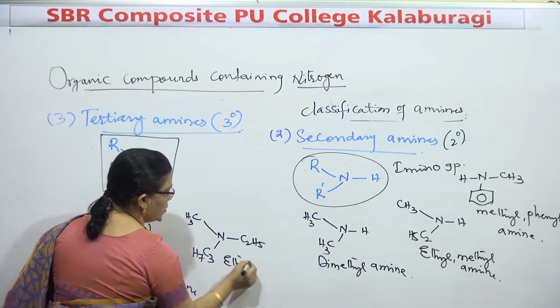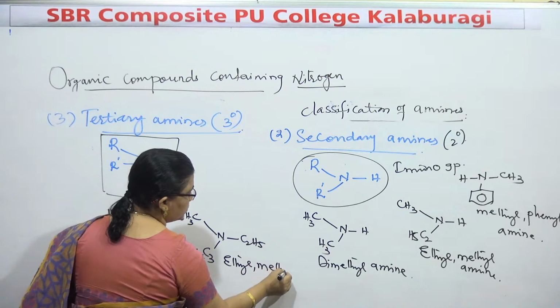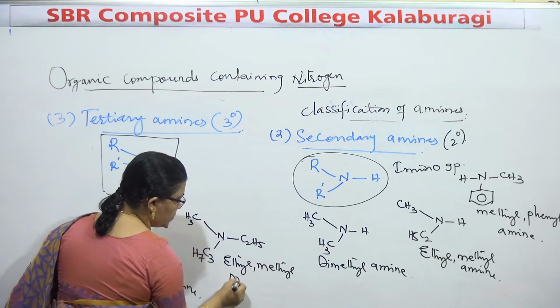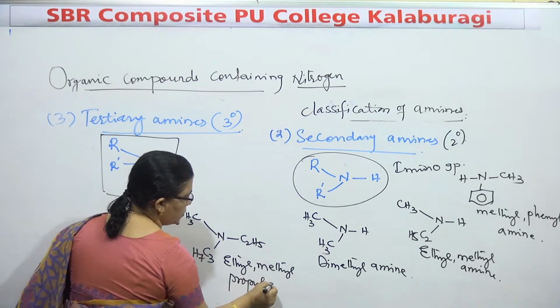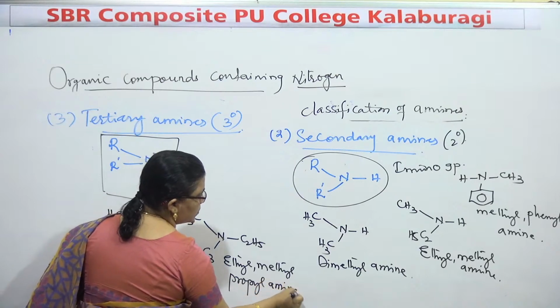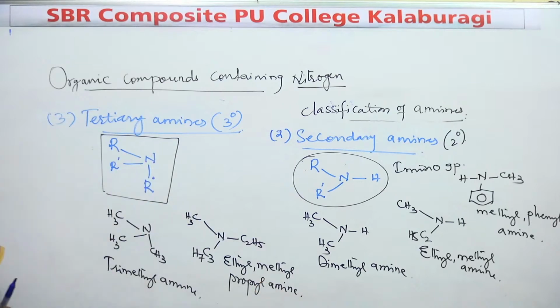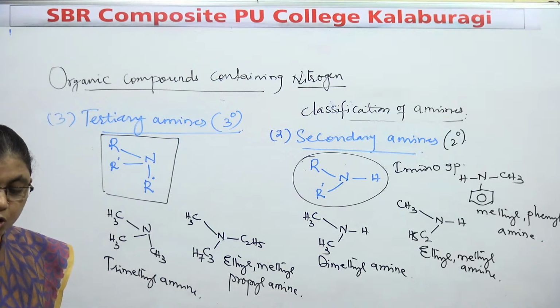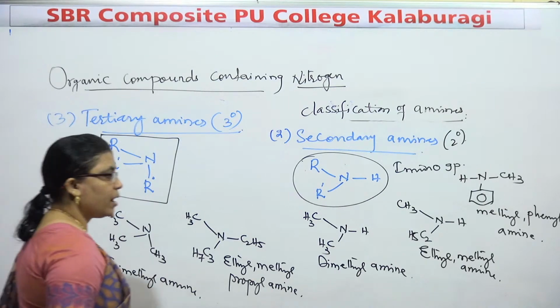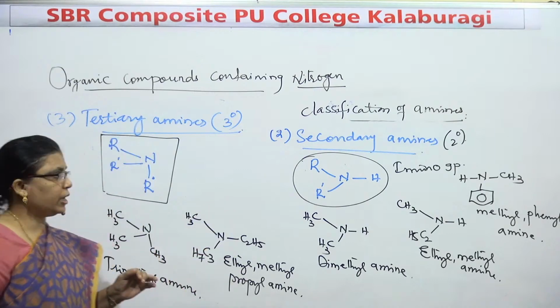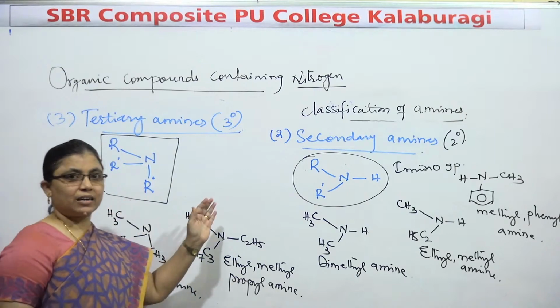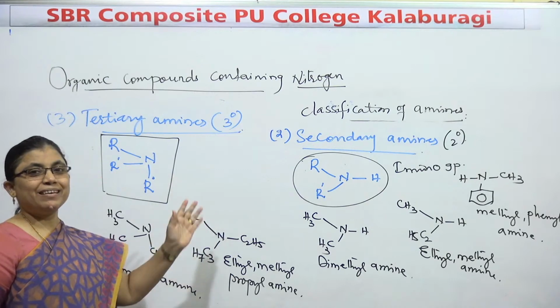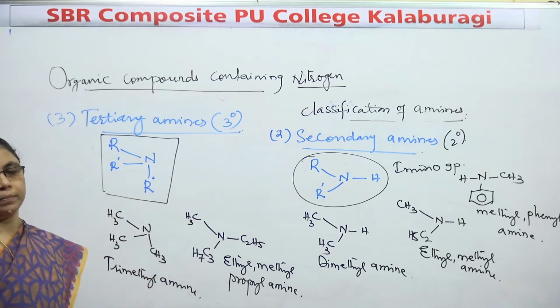So based upon the number of replacements of hydrogen atoms of ammonia by alkyl group or aryl group, they are classified as primary, secondary and tertiary.